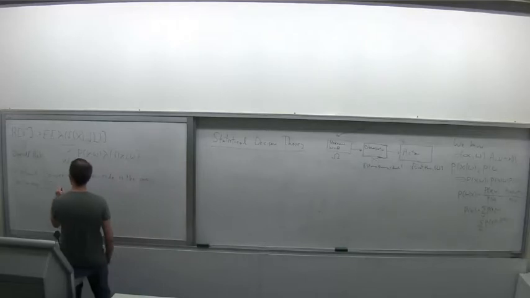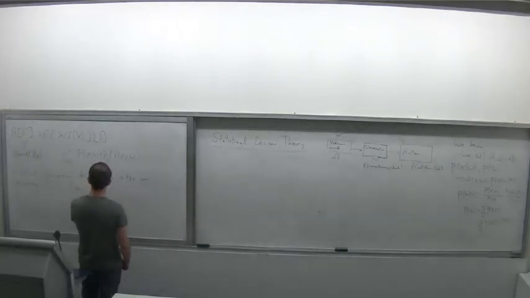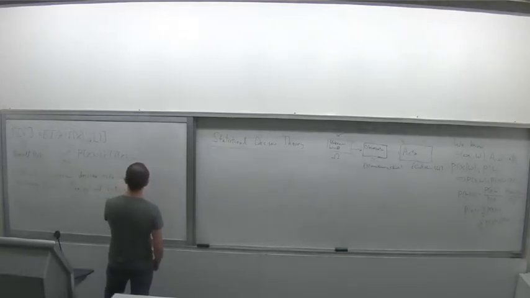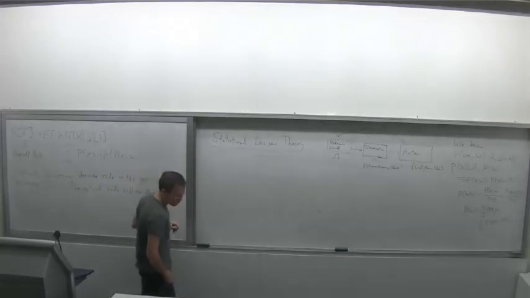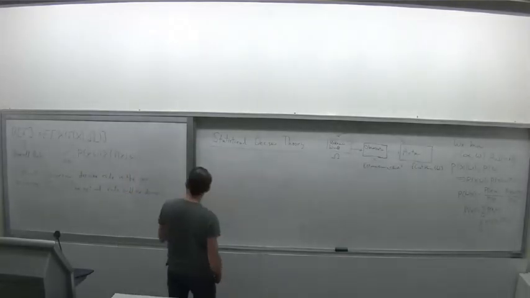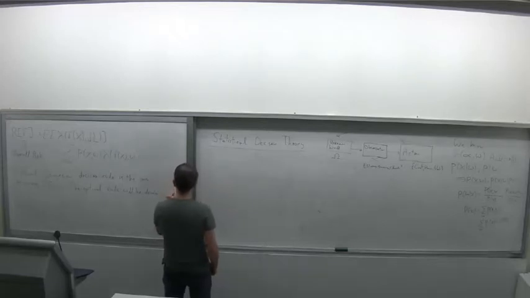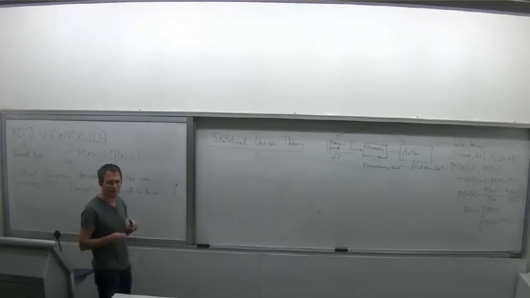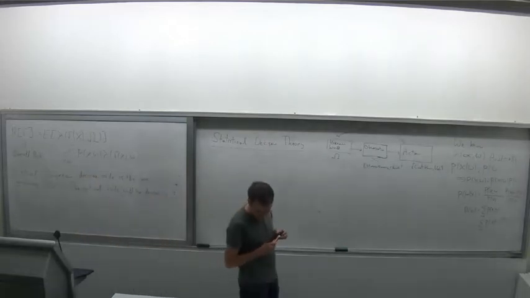Before that, I will say that the optimal decision rule will be denoted by delta star. Okay? So star is usually used to denote optimality or something good about it.